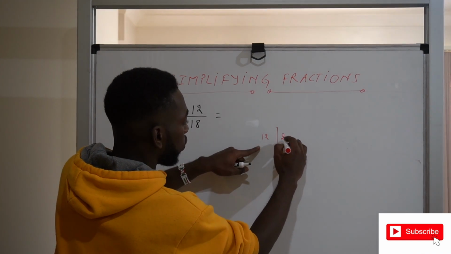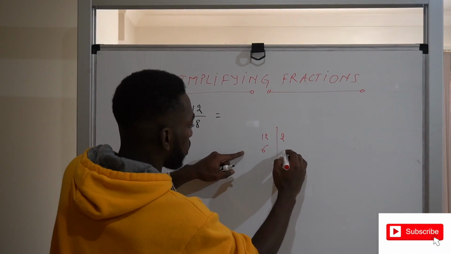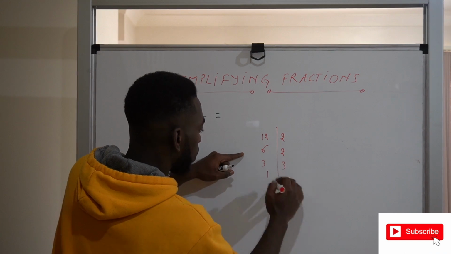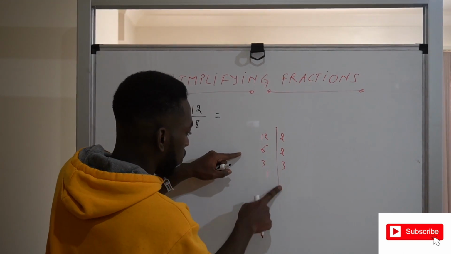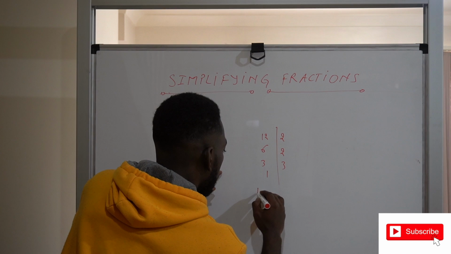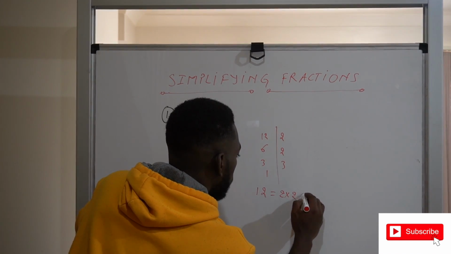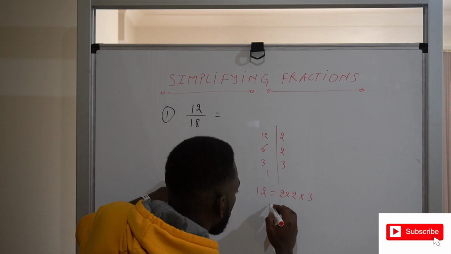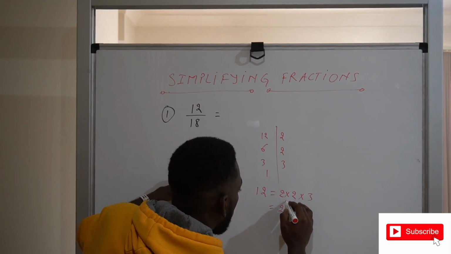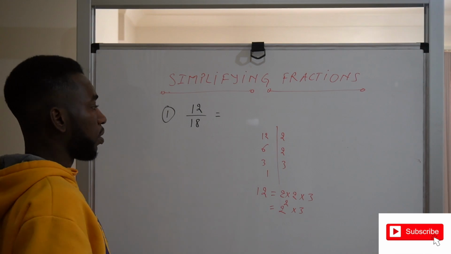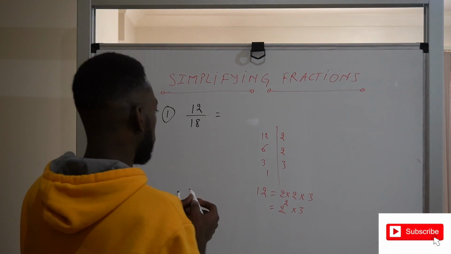So 12 divided by 2 is 6. 6 divided by 2 is 3. 3 divided by 3 is 1. So what you then write is 12 is the same as 2 times 2 times 3, which is the same as 2 to the power 2 times 3. We can do the same thing for 18.